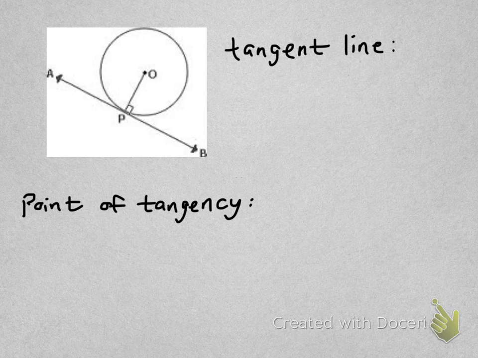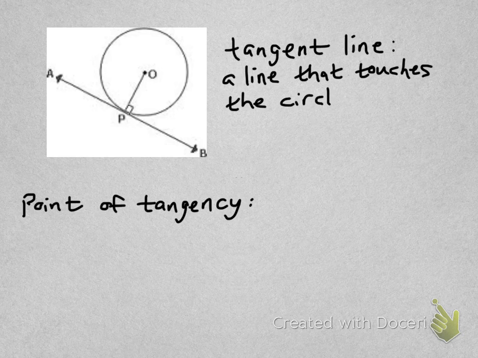Alright, so a tangent line is defined as a line that touches the circle only once.